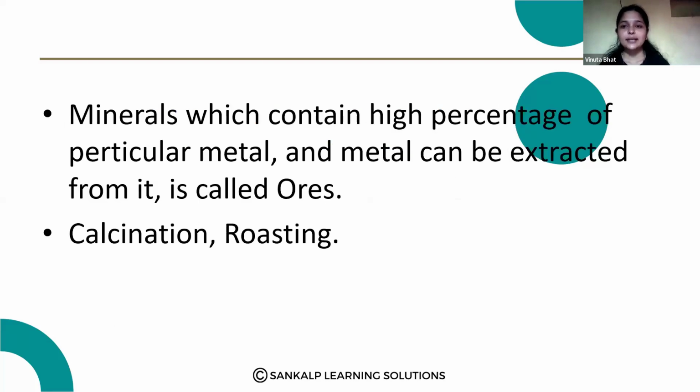Minerals which contain a high percentage of a particular metal, and from which the metal can be extracted, are called ores. So carbonate ores can be converted into oxide by calcination, and sulfide ores can be converted into oxide by the roasting process. Okay.